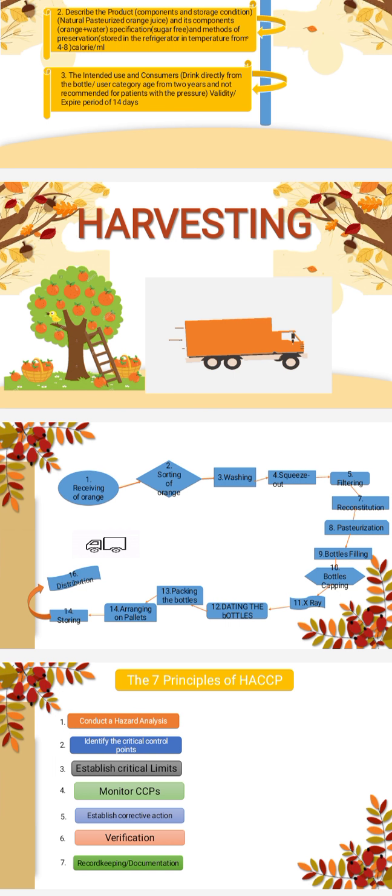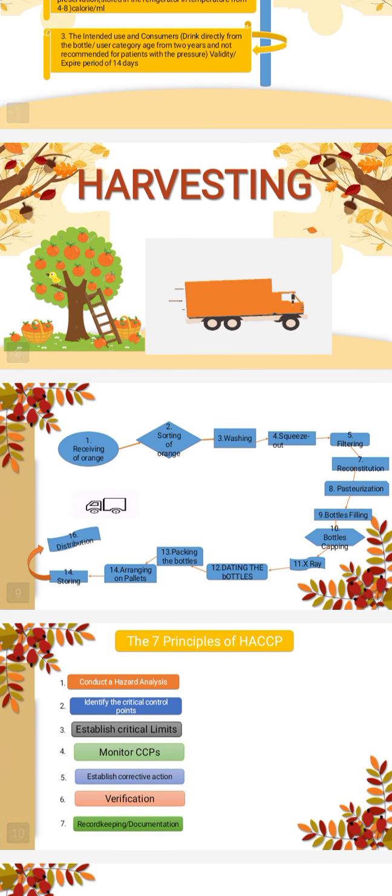You must take care. Number 2, sorting of oranges. Number 3, washing of this good orange fruit, and the draining of wastewater, and the orange fruits will be squeezed out. Step number 4. Step number 5, filtering to remove any peel or seed.